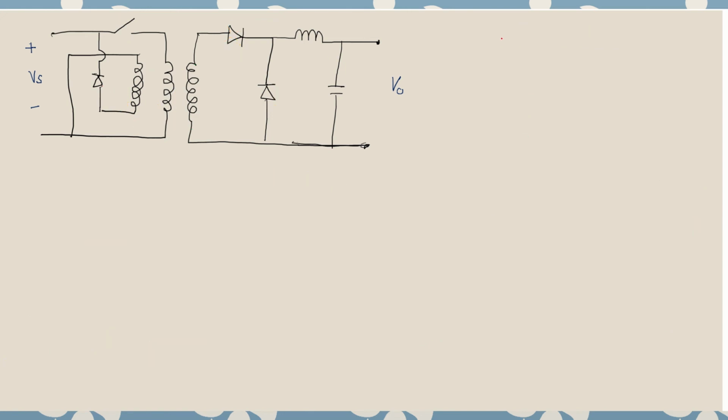In this part the switch is still off, but this is during or after the core is reset. Why is the core reset?